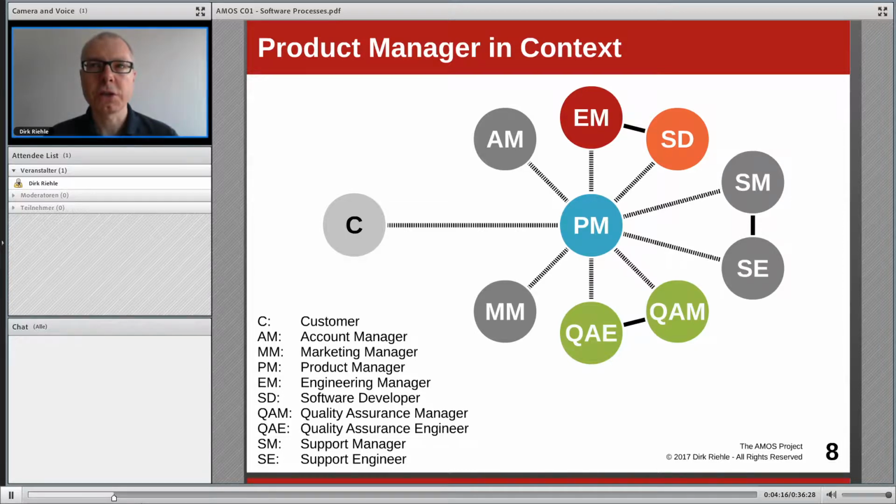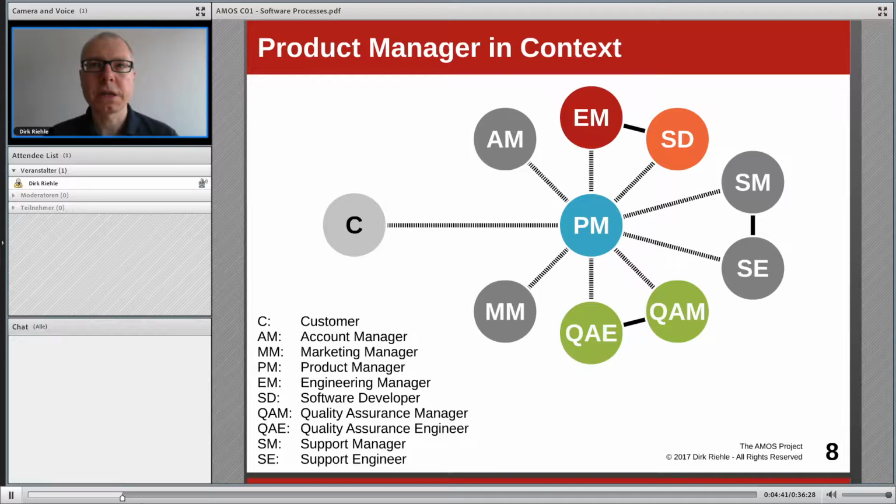He or she talks to an engineering manager all the time, software developers, quality assurance manager and engineer, for various purposes, to communicate features and functionality, mostly to technical people, but it's more about planning with the engineering manager, more about actual technical content with software developers, etc.